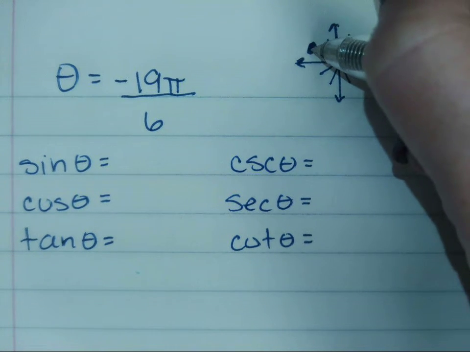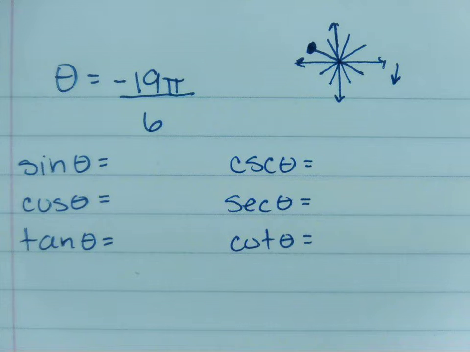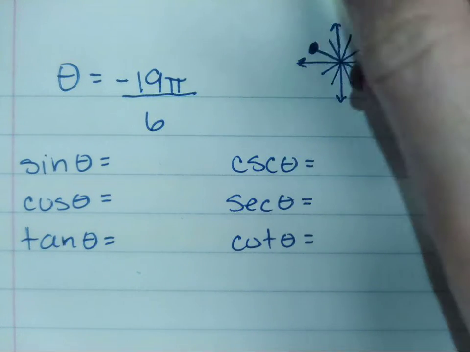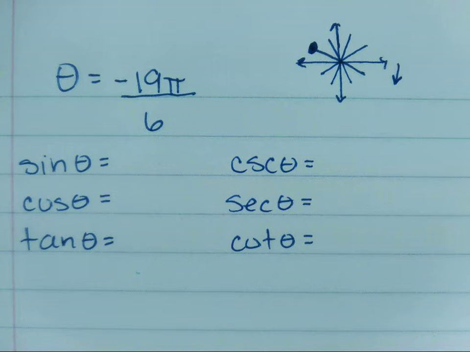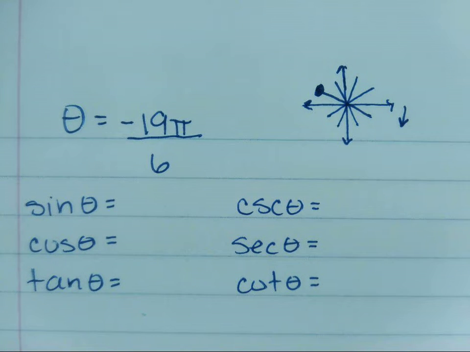So this coordinate right here is on the terminal side of your graph. When you're moving around in a negative manner, I'd have to count 19 of those 1/6 increments, and that would be the point where I terminate. All right, so you either need to remember what that is, or you're going to need to think about that shortcut.